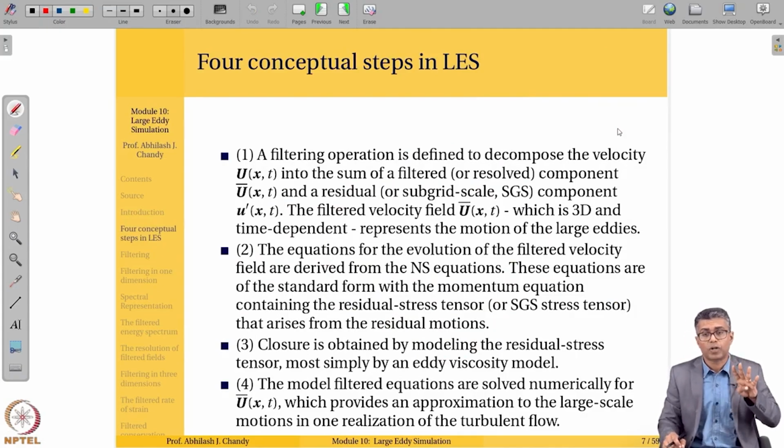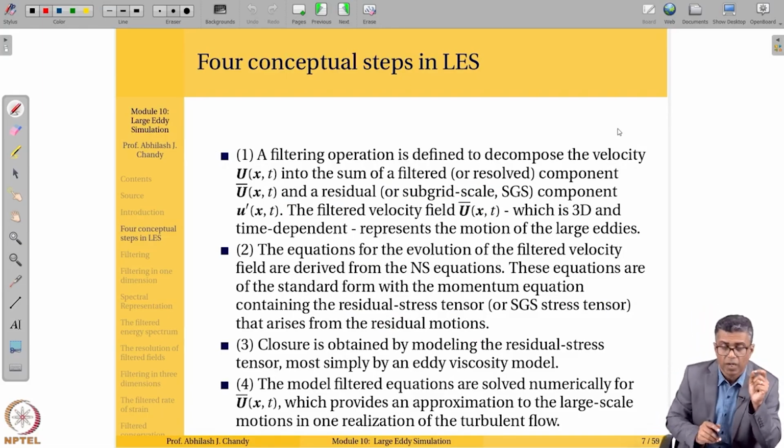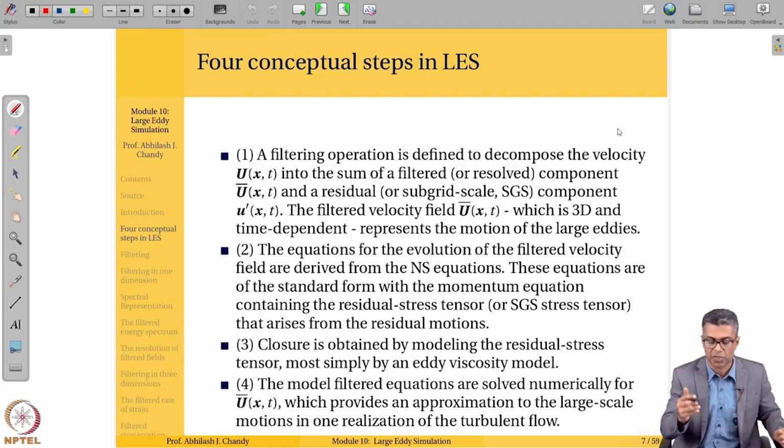There are 4 conceptual steps in LES, and this is very important. The first step is related to a filtering operation, which is defined in order to decompose the velocity u into a sum of a filtered or resolved component, and a residual or subgrid scale component.